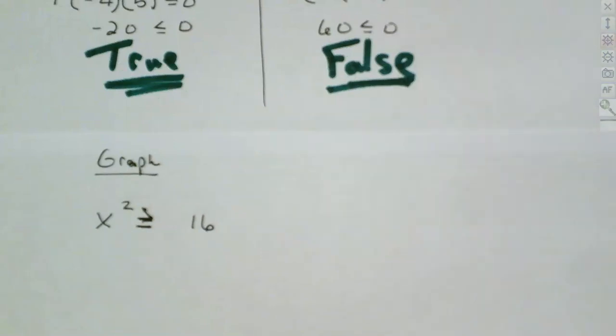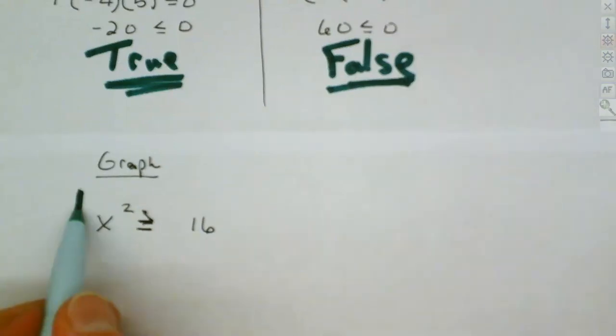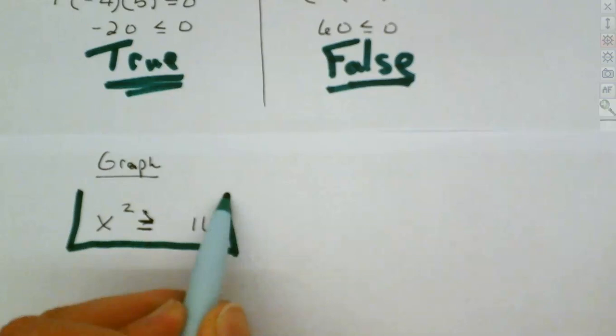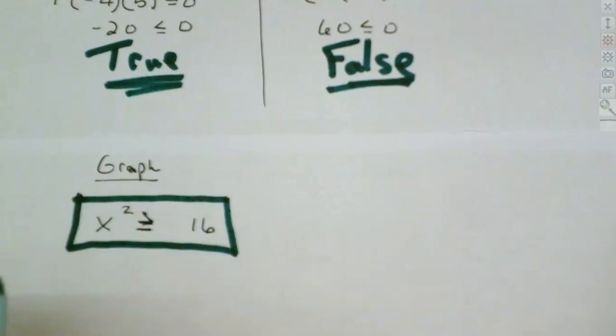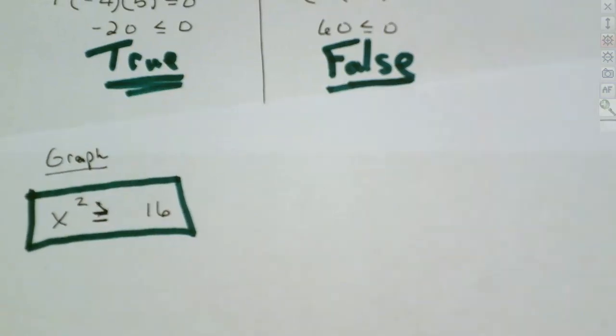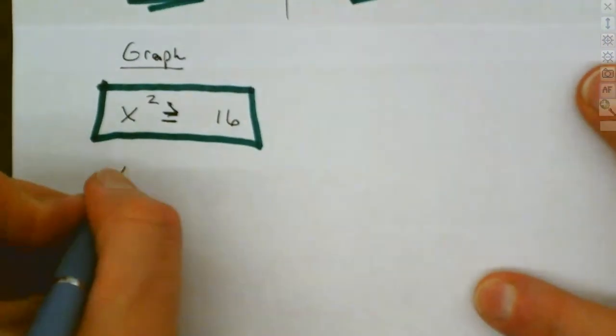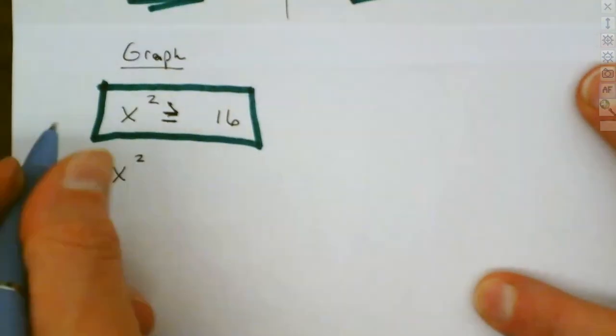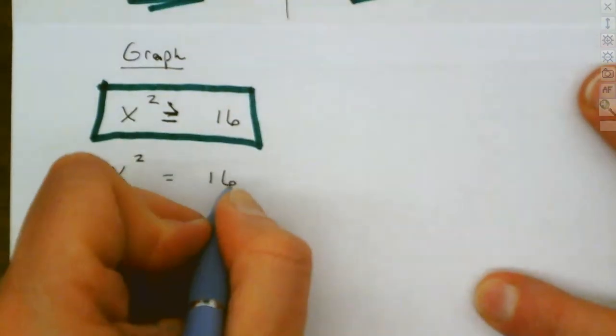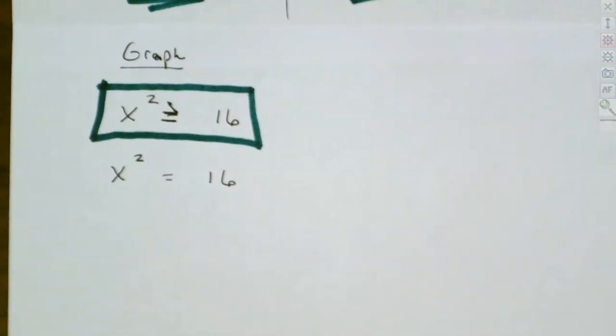What I always like to do is box it, because this is what we start with. And we've got to make sure we know what we started with so we can check. Now, if I replace this with an equal sign, you should know how to solve it. How would you solve x squared equals 16?